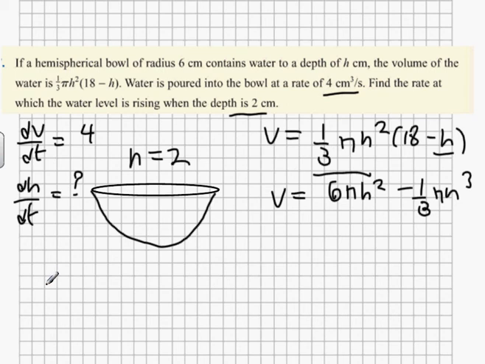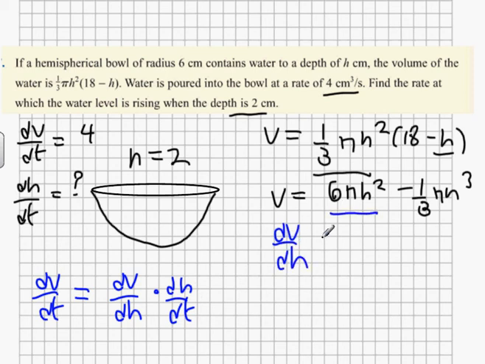So what we can say is that dV dt is dV dh multiplied by dh dt. Now dV dh is this here, we've got to differentiate it. Differentiate h squared, we get 2h. 2h multiplied by 6 pi is 12 pi h.